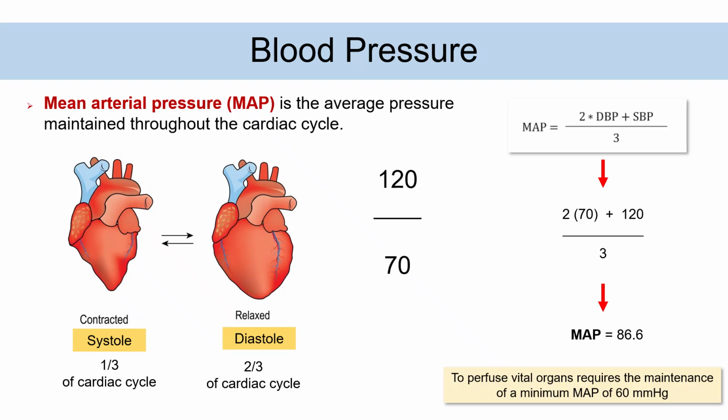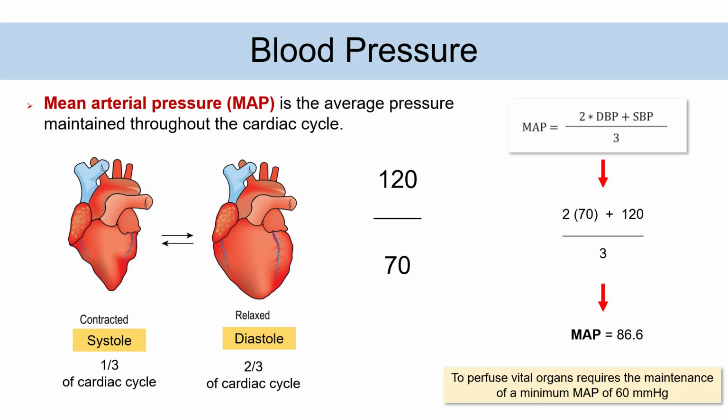So when the heart squeezes, it takes time. But while the heart is filling, it actually takes double the time of systole. So if you look here, we have 1/3 of the cardiac cycle is systole versus 2/3, and we're talking about time, of the cardiac cycle is diastole, or resting or filling. So that is where we get our numbers. So the formula here for MAP is going to be 2 diastole values.